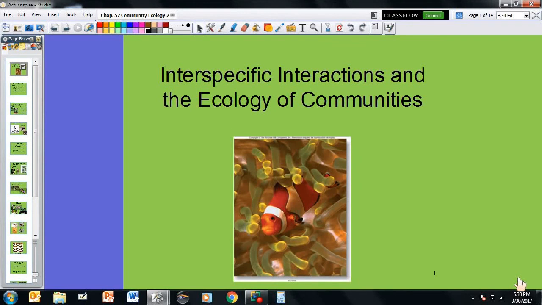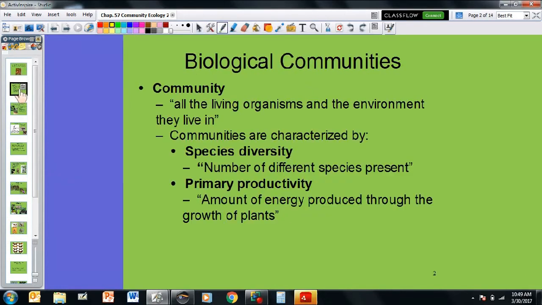This is Community Ecology. If you're using the Raven Biology textbook, this is Chapter 57. When you're studying population ecology, you're looking at how the individuals in the population interact with each other and how they interact with the abiotic or non-living part of the world.